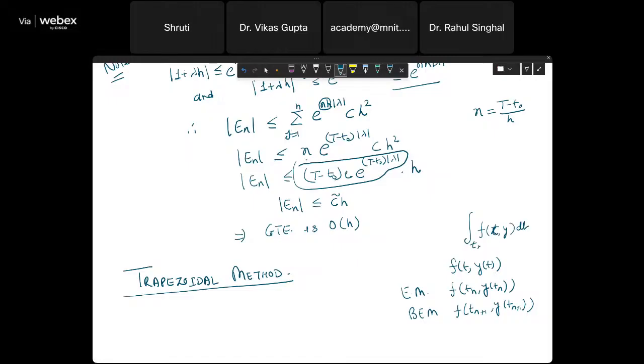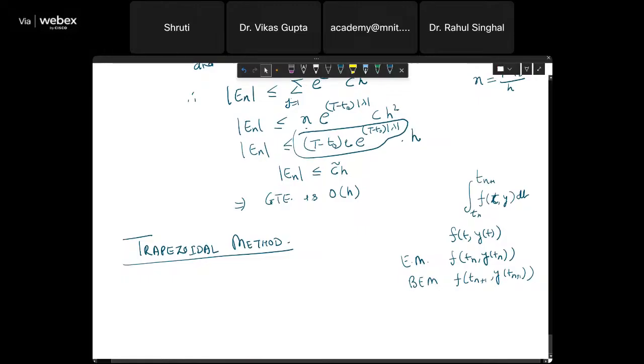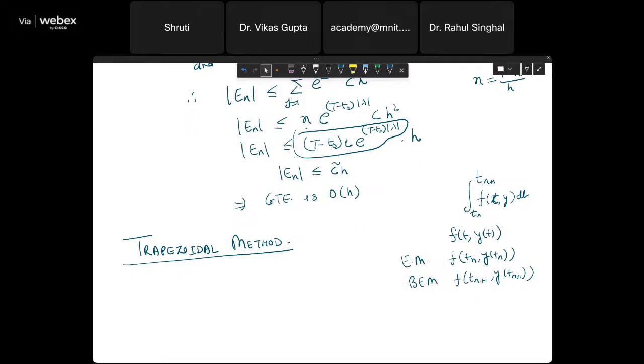This was the integral involved over here. Now, to get second order accurate methods, in the case of the trapezoidal rule, we are going to approximate this integral with the help of the trapezoidal rule.